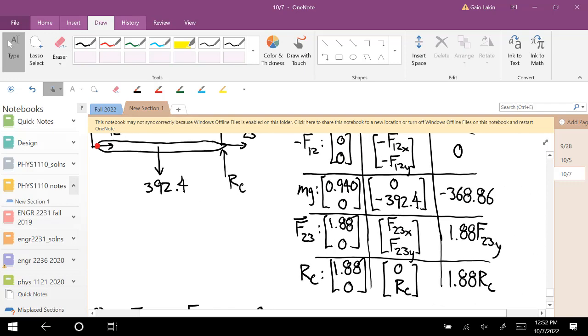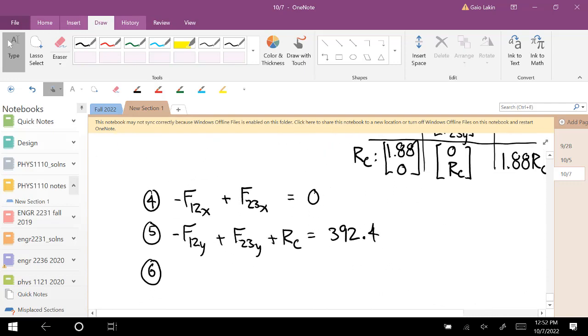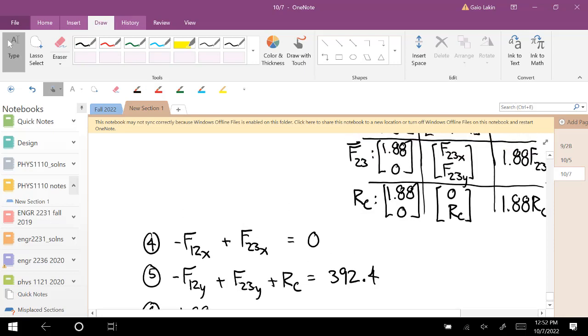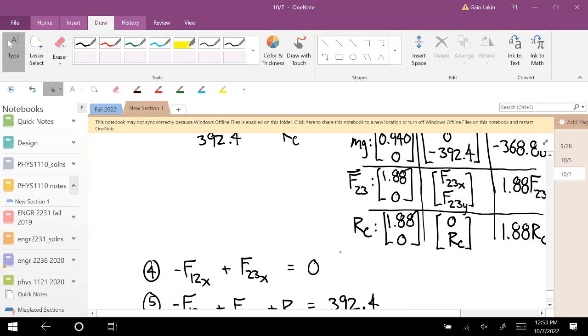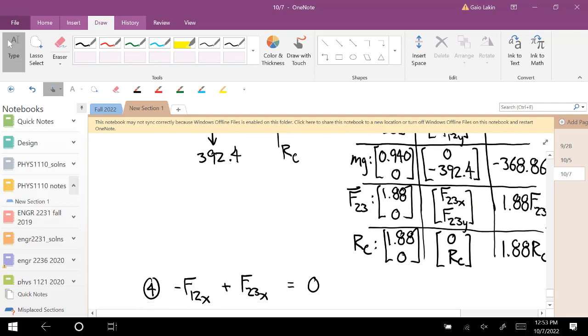And then equation 6 says 1.88 F23y plus 1.88 RC is equal to 368.86.